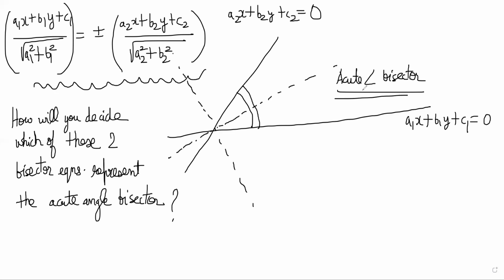So what I want you to tell me is, try to think of a way in which we can decide which sign to put for the acute angle bisector and which sign for the obtuse angle bisector. You don't need to come up with a rule.